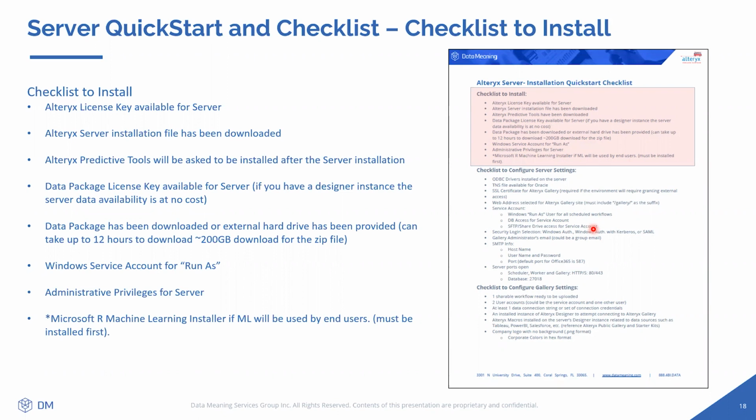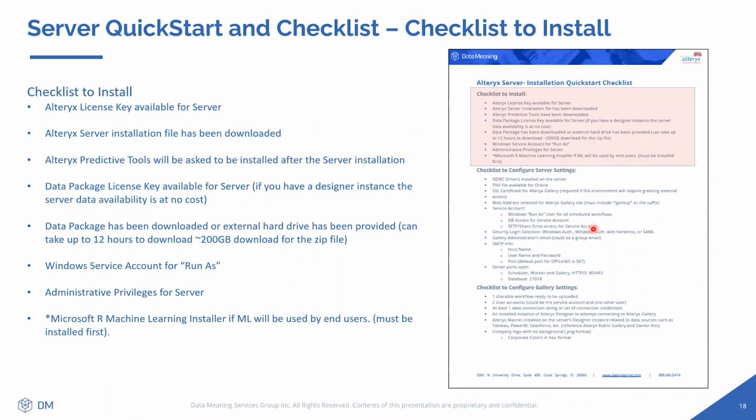Data packages. So there are a few extra packages that you can purchase for Alteryx. For example, business insights or location insights, right? So you can leverage time distance between 2 points on the map.